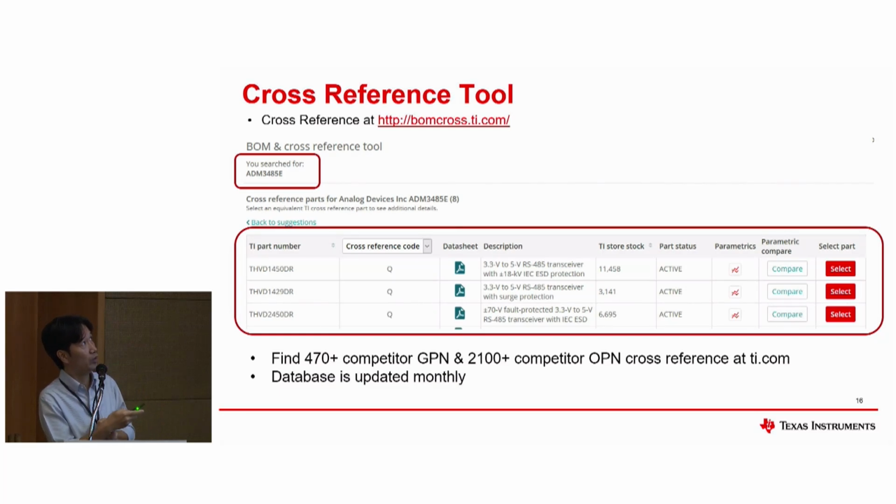Another tool we have is called the cross reference tool. This is also at the bottom of the TI page. You can see the link to the cross reference tool, and when you key in the existing part from another supplier, we will list the possible alternative options that TI can offer.